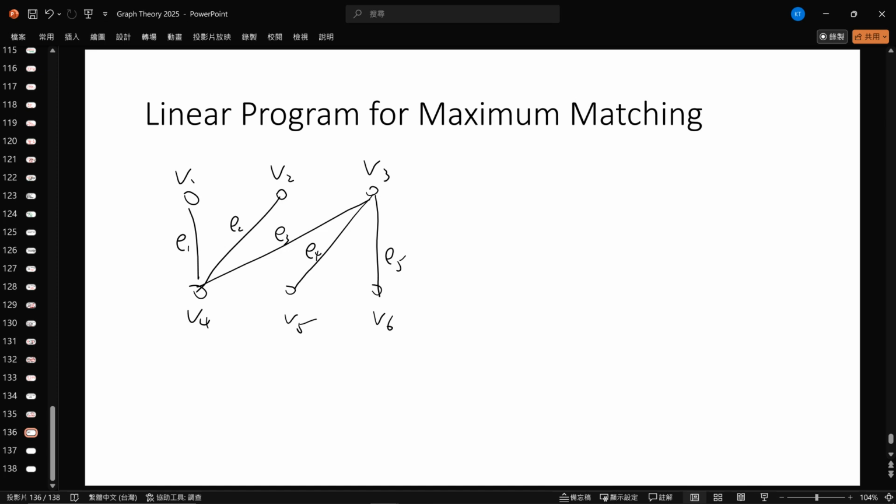If it is 1, then this edge is chosen. So for every edge ei, we will create a variable xi.